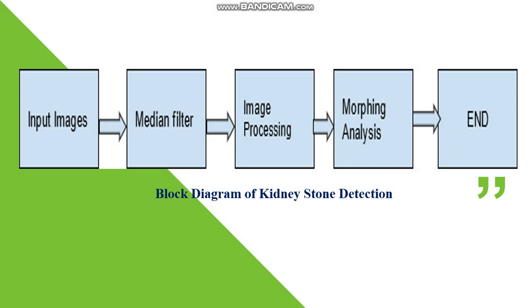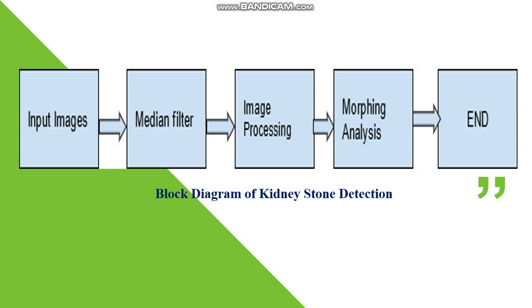In the first stage, input images, we collect the ultrasound images or different data sets of kidney images for detection of stone. In the second stage we use the median filter, which is used to remove the salt and pepper noise in the ultrasound image so that the stone can be detected.